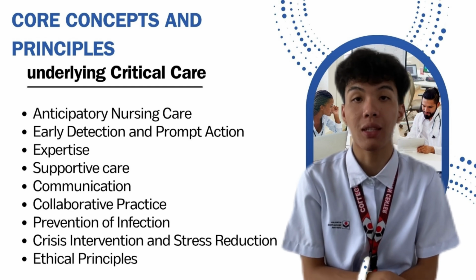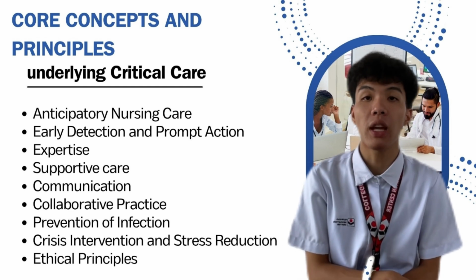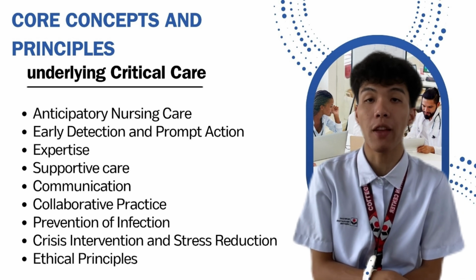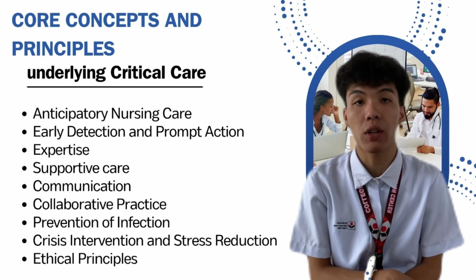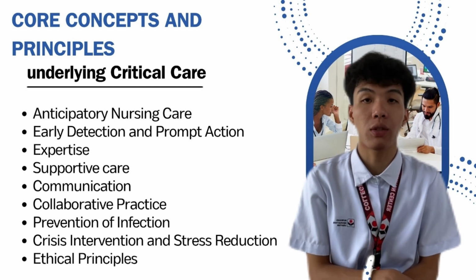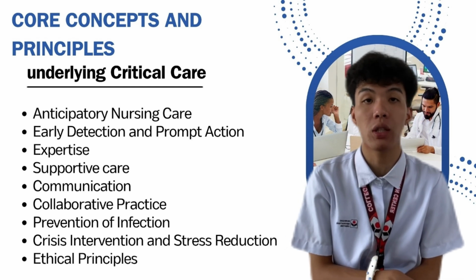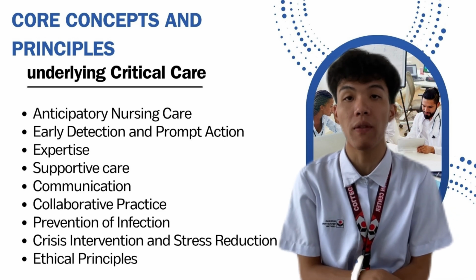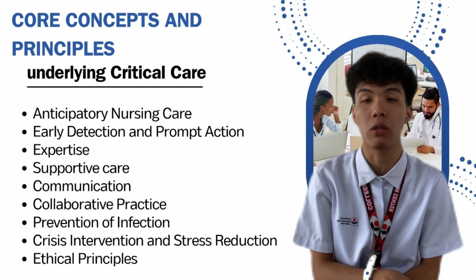Number seven, prevention of infection: implementing strategies to prevent infections, especially in vulnerable critically ill patients. Example, following strict hygiene protocols and using aseptic techniques when inserting intravenous lines to prevent hospital-acquired infections.